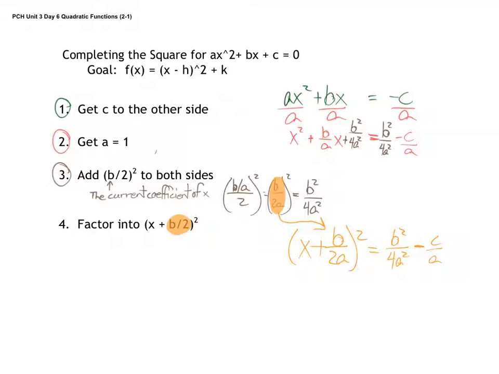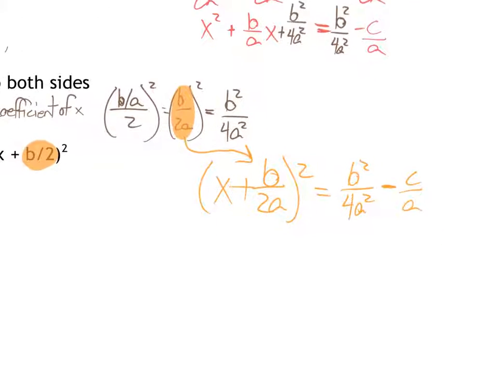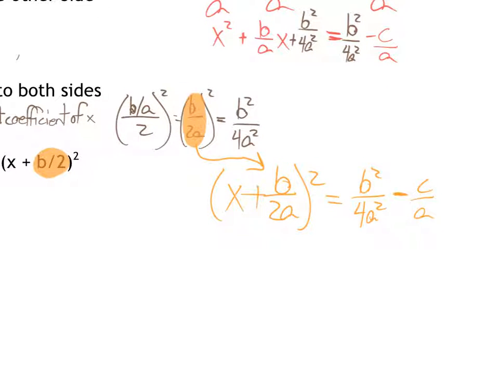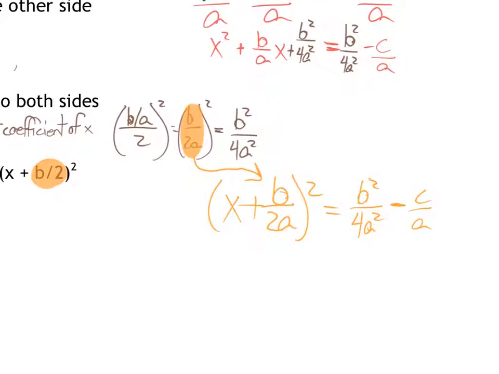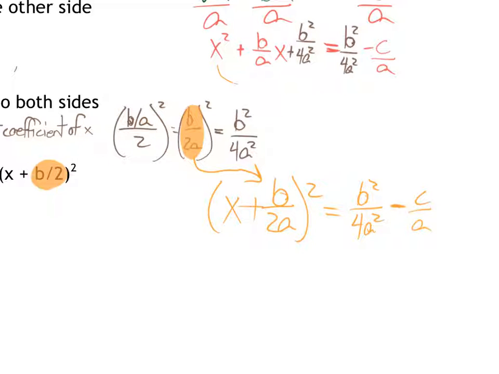Does everyone follow what I've done here? I just factored this trinomial. It's a perfect square. It may not look like it. It may look really ugly, with all kinds of weird fractions in there.